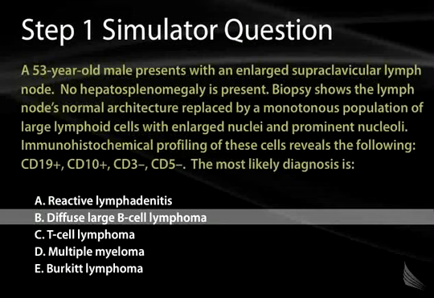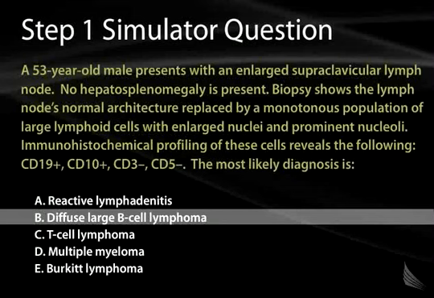We've already talked about the T-cell markers, CD3 and CD5 are negative, and it would be very rare for this patient to have a T-cell lymphoma. Multiple myeloma, in this situation, probably is not going to be the case because the biopsy would reveal sheets of plasma cells rather than the large lymphoid cells that we see.